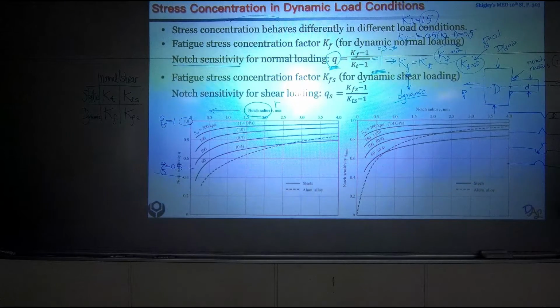If Q goes to 0, then your Kf goes to 1, because Q equals Kf minus 1 over Kt minus 1. So Kf equals 1.